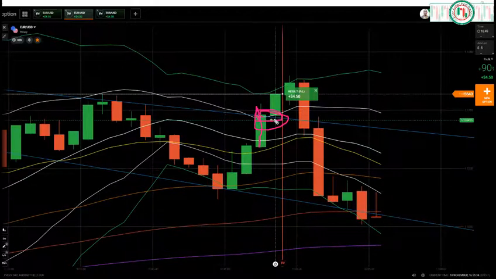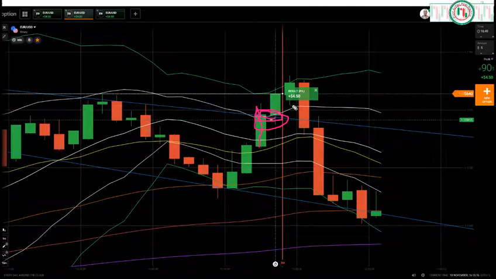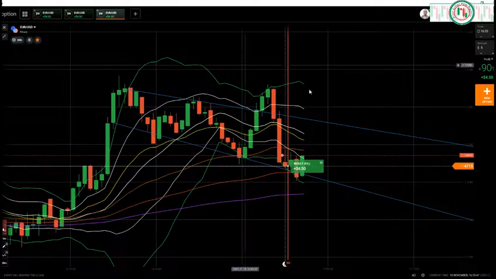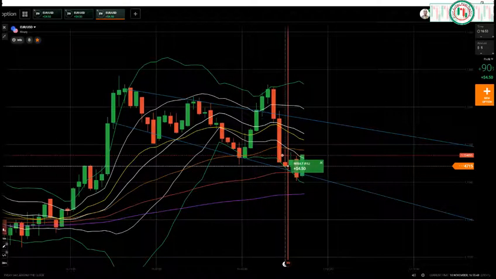Because somebody knocked on the door, I would have placed another call here, but when I came back, I saw this pattern here. The market created an engulfing candle here.